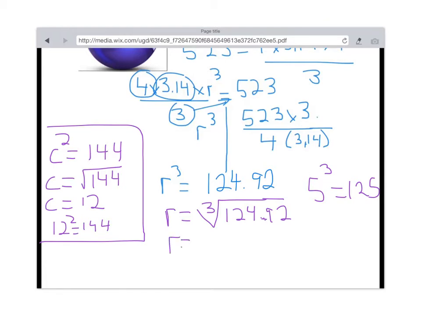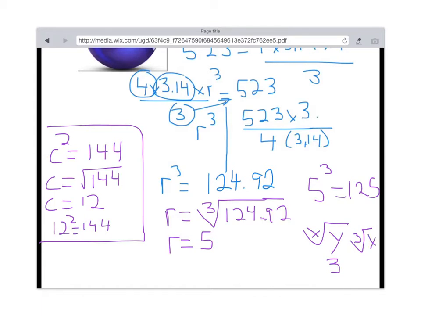If you want to go further and actually try this out on your calculator and get an exact value, then you're going to have to find a button on your calculator that looks like this. If you can find that button, you're going to put in 124.92, you're going to hit that button and you're going to put in 3. That will give you the cube root. Some other calculators have a 3 written right in there, like that.